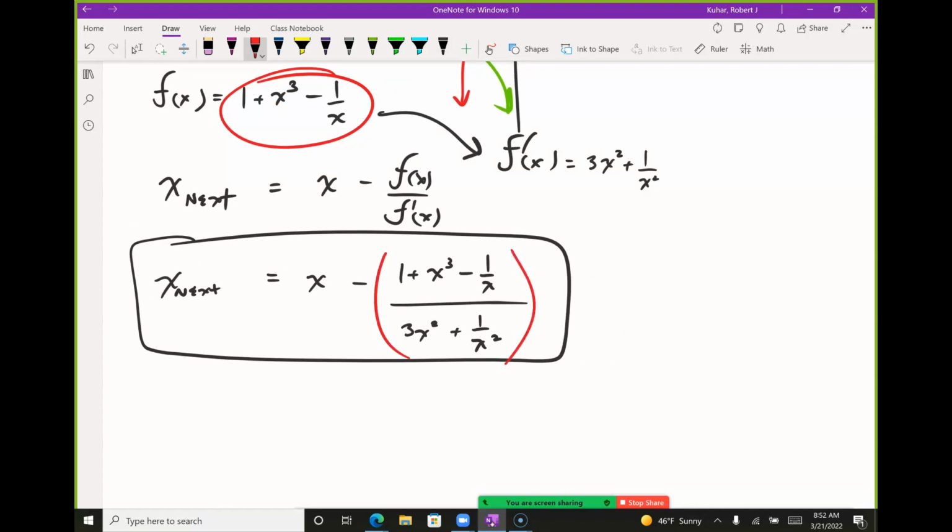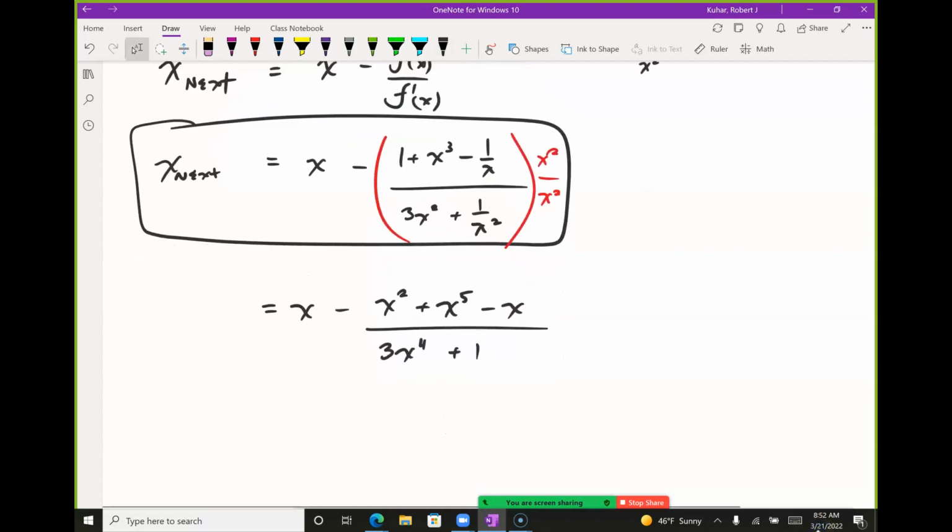Delete one of the 1 over x's on the bottom, and then it's just minus 1 on the top. Clear fractions with x squared over x squared. So I've got x minus x squared plus x to the 5th minus x over 3x to the 4th plus 1.